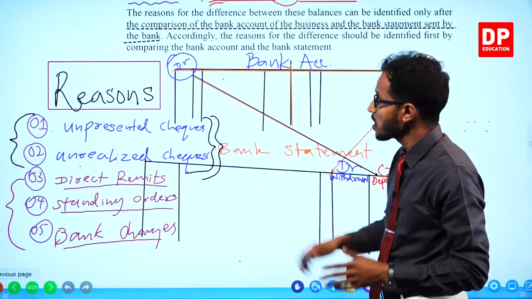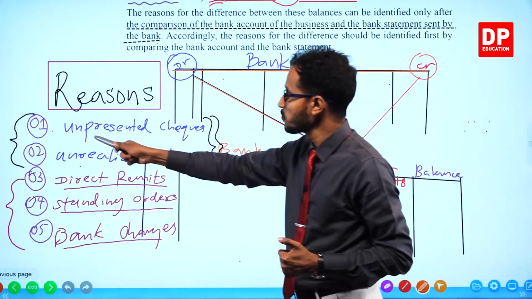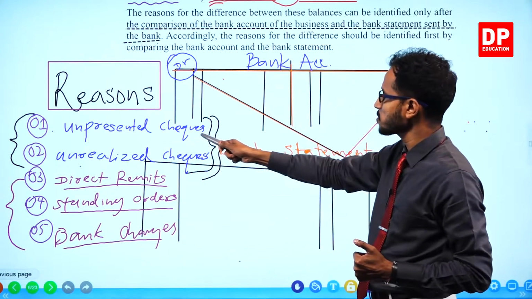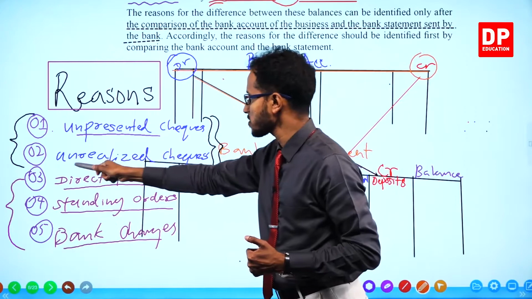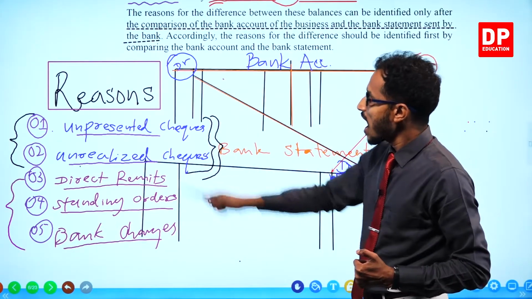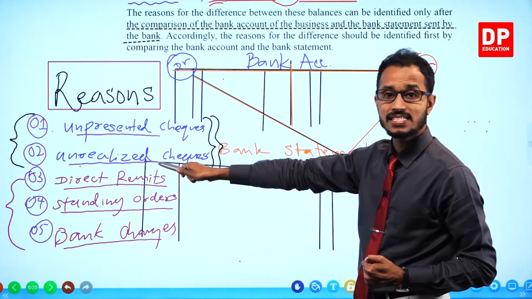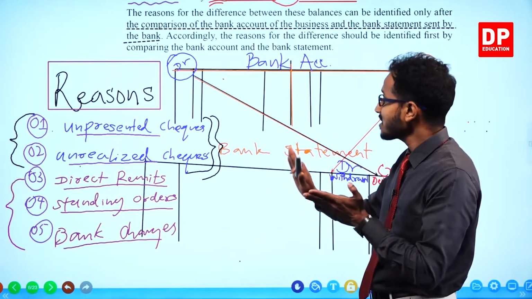Reasons for causing the difference in the balances. What reasons did we discuss? These two first. Unpresented checks, unrealized checks. I told you unpresented checks and unrealized checks are missing in the bank statement.